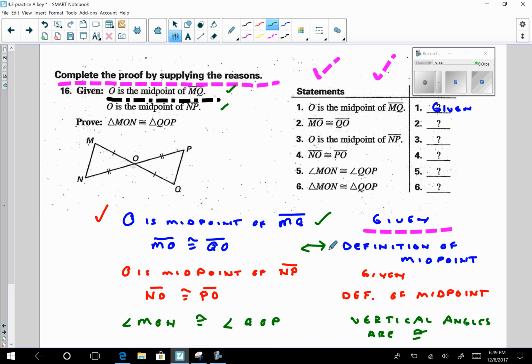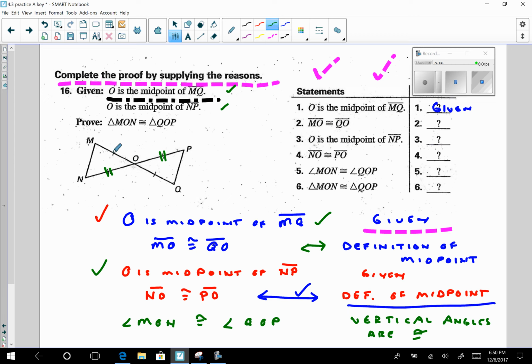I go with my second given statement: O is the midpoint of NP. Again, this is given in the diagram by those congruent slashes. What can I tell from that? I can certainly say that segment NO is congruent to segment PO. Why? Again, because of the definition of midpoint.